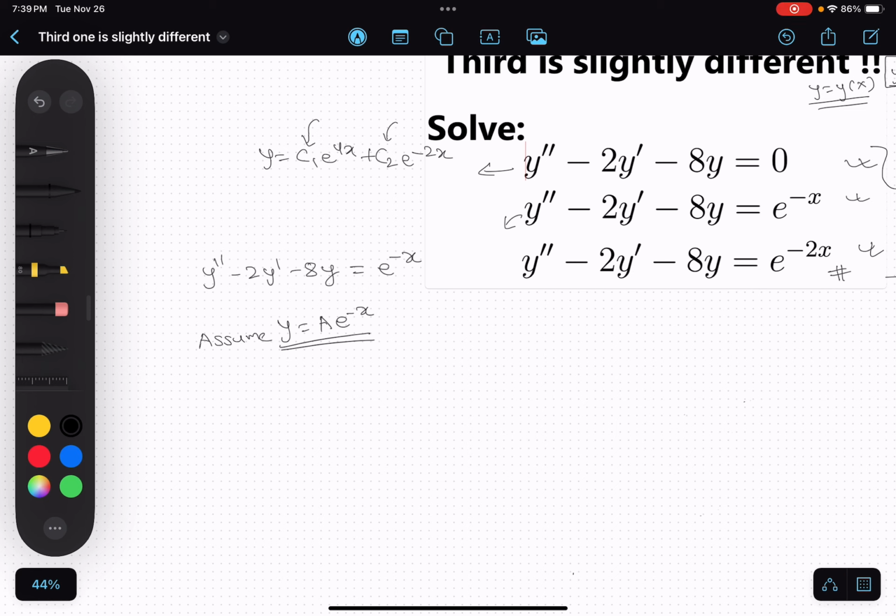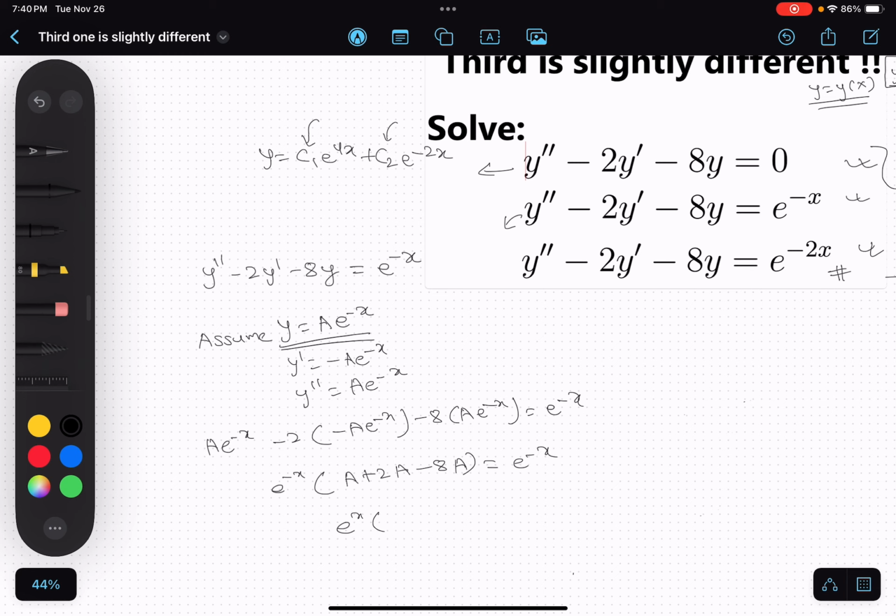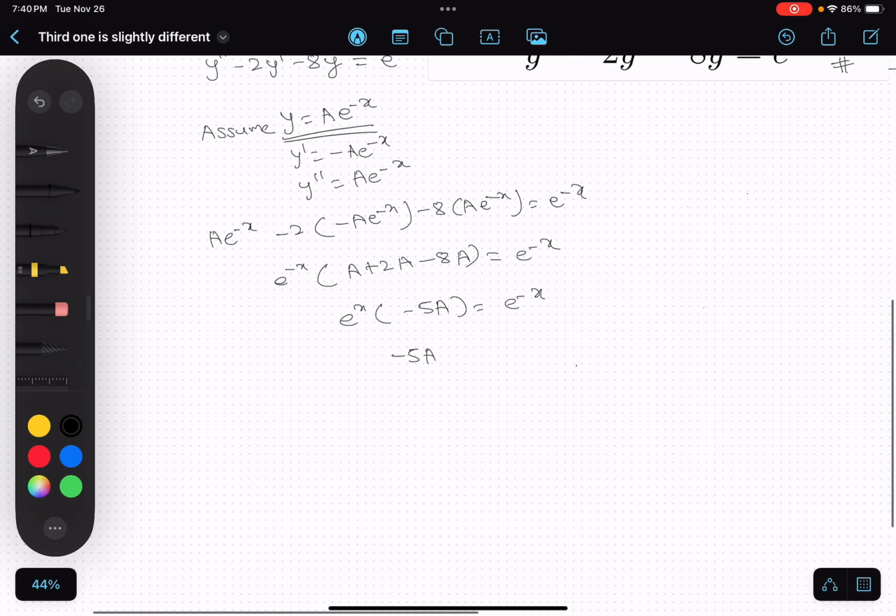If I take the derivatives, the single derivative will be −a e^(−x), and the double derivative will be a e^(−x). So the double derivative is a e^(−x), minus 2 times −a e^(−x), minus 8 times a e^(−x), and that should equal e^(−x). So e^(−x) should be (a + 2a − 8a) e^(−x), which is −5a e^(−x). So −5a should equal 1, so a should be −1/5.